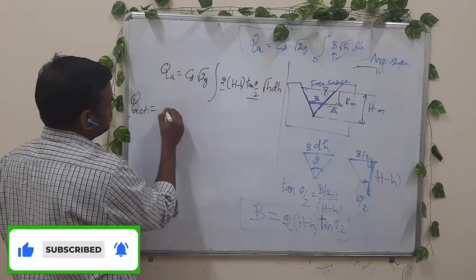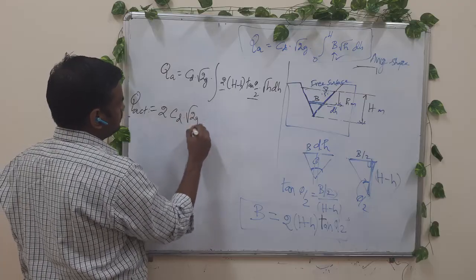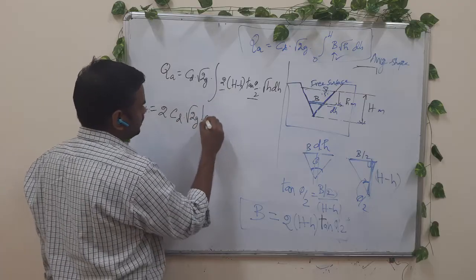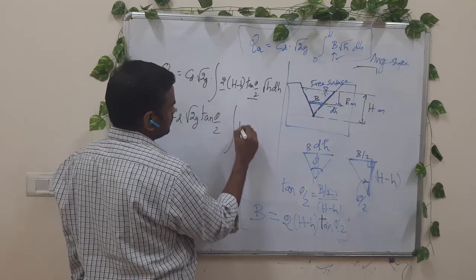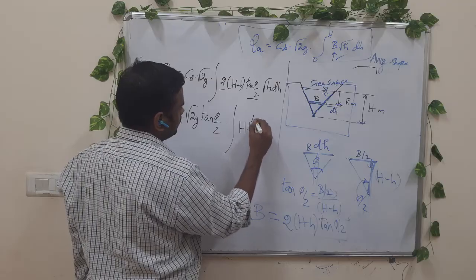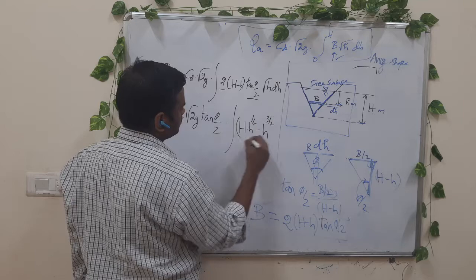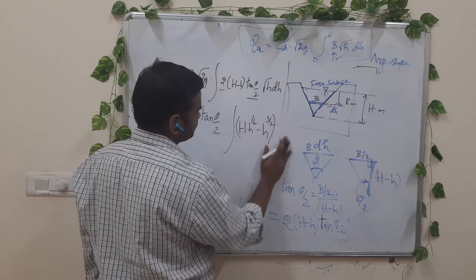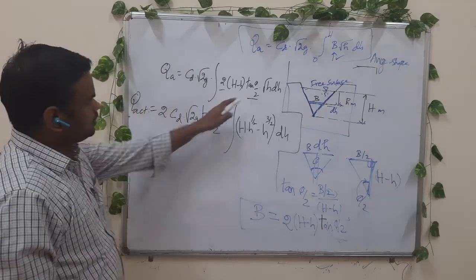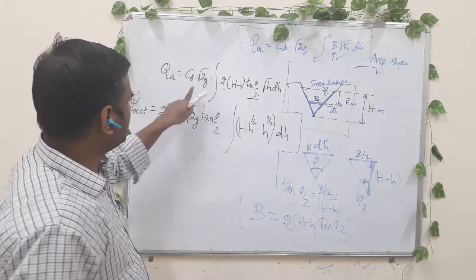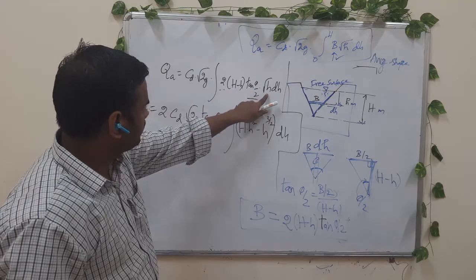So Q actual is equal to 2 CD into square root of 2g, tan theta by 2 into the integral of H into square root of h minus h power 3 by 2 dh. 2 tan theta by 2 has been taken out of the integral, H minus h into square root of h.